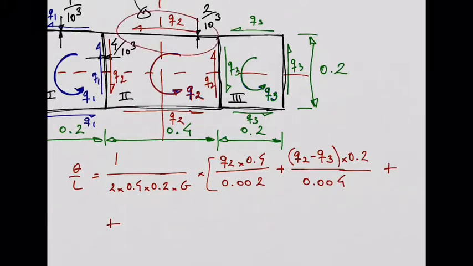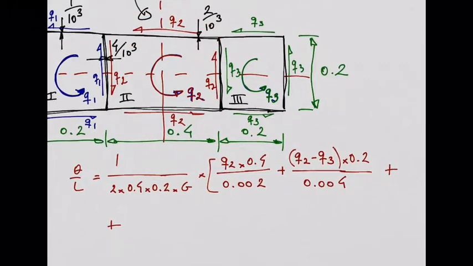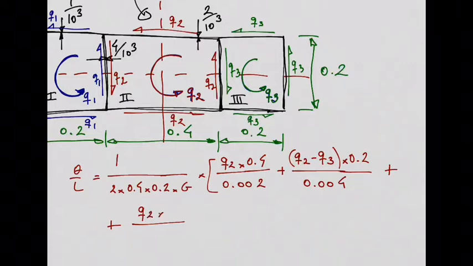We move now to this wall here on the top. Okay? So shear flow is Q2 in that wall, the length is 0.4, the thickness is 0.002. And we finish this cell with this wall now.